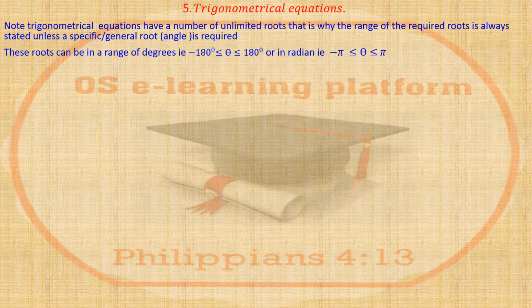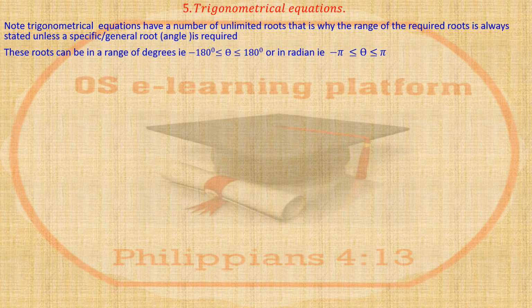Once you see less or equal, it means the range within which the angle is expected is also inclusive. Meaning when you solve and find the answer as 180 degrees, you have to include it in the solution set.